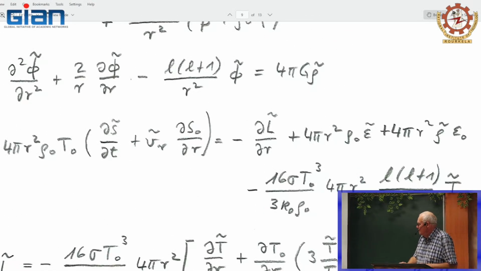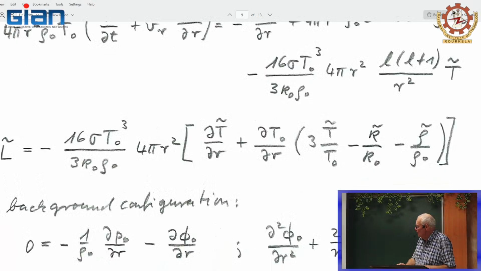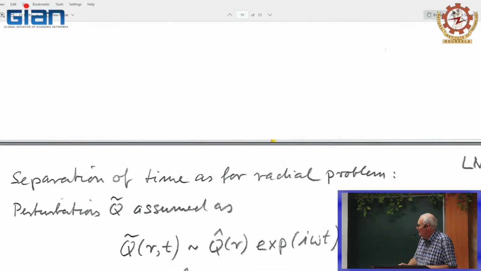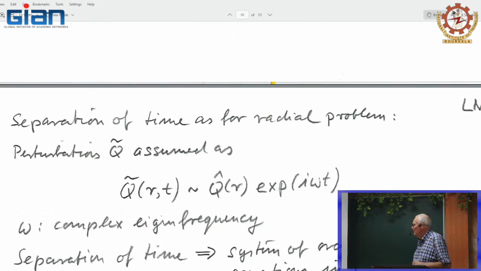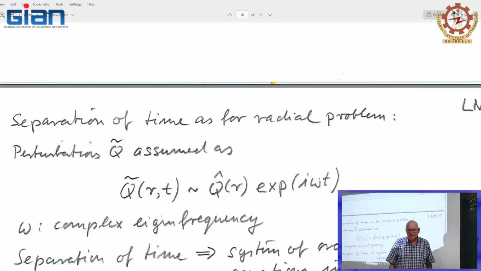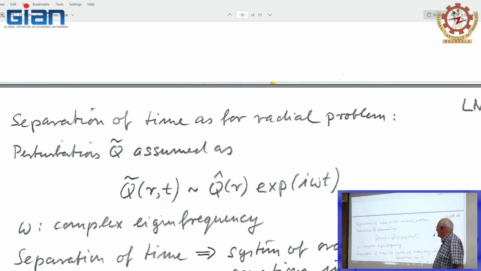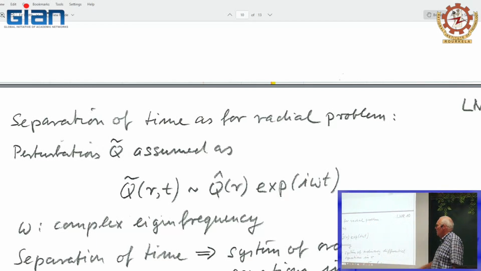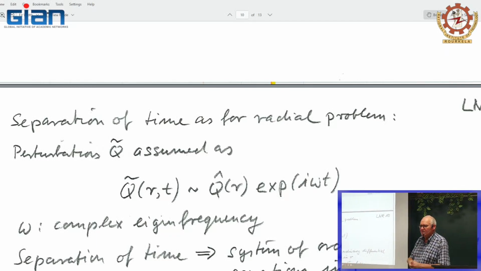Okay, so let us perform the time dependence. As for the radial problem, we assume that Q tilde is given by a only radially dependent part of the function Q times the exponential of i omega t, where omega is again the complex eigenfrequency of our system.